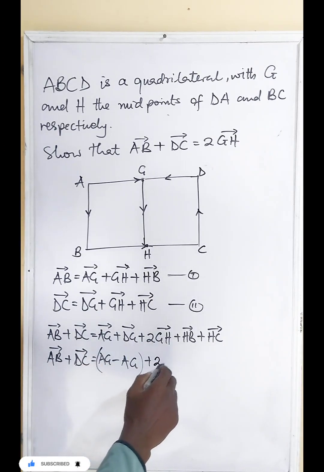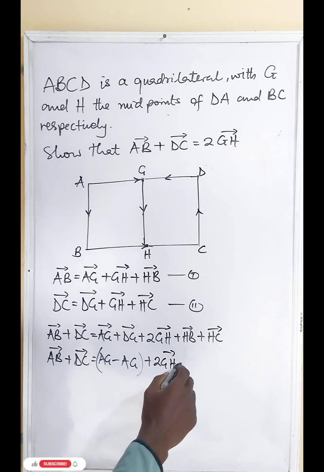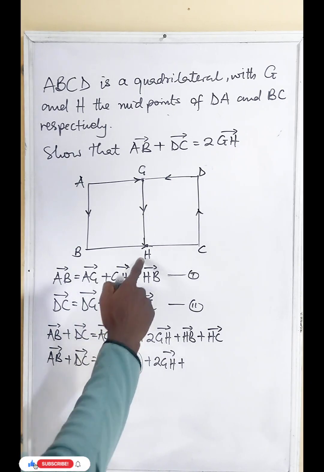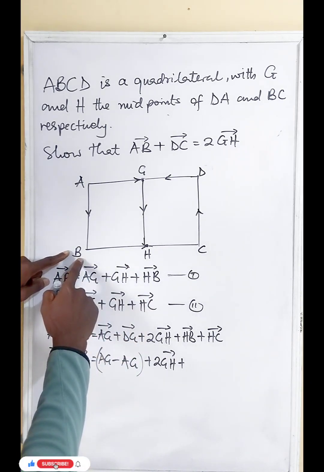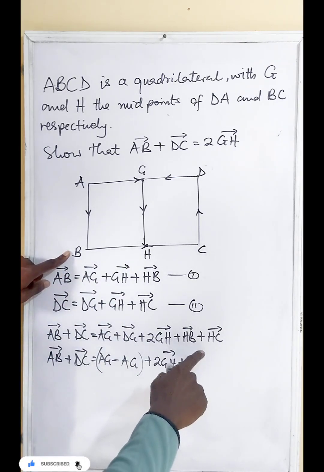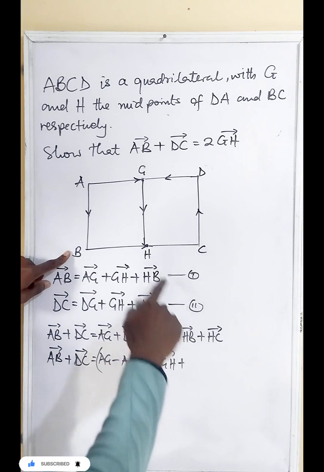Then plus 2GH, then plus HB, which is actually opposite to BH, then plus HC.